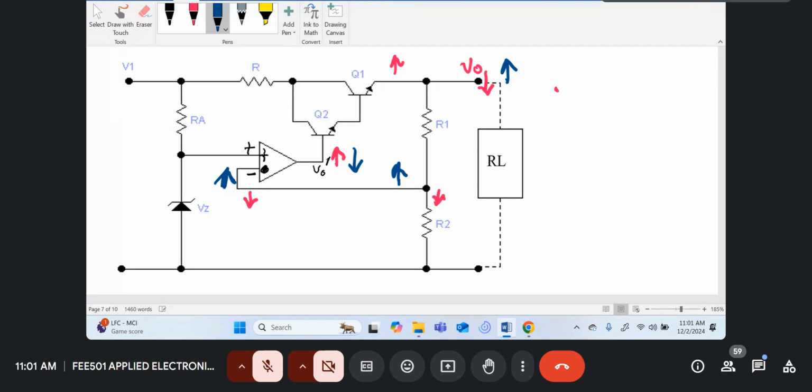So basically that's how this system works. Now let's do this mathematically.